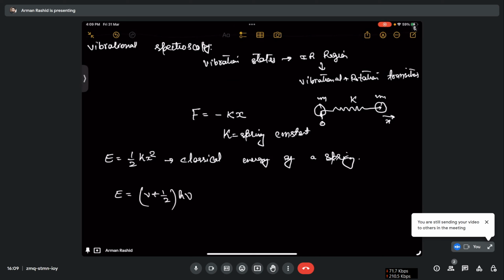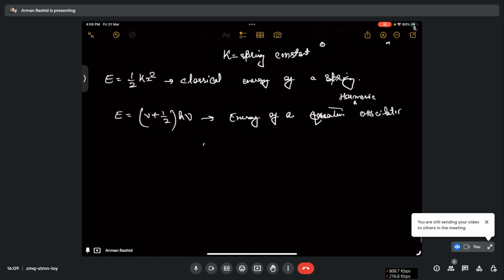So this is the energy of a quantum oscillator. Now it is a harmonic oscillator, and there is a difference. What is a harmonic oscillator? In a harmonic oscillator, the backward force is always directly proportional to x.